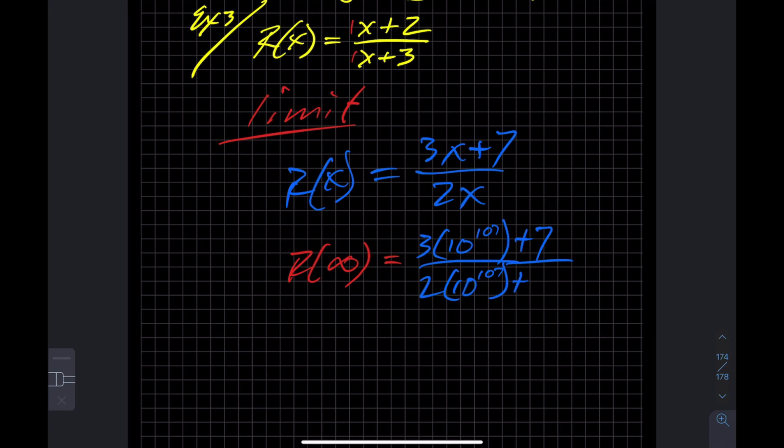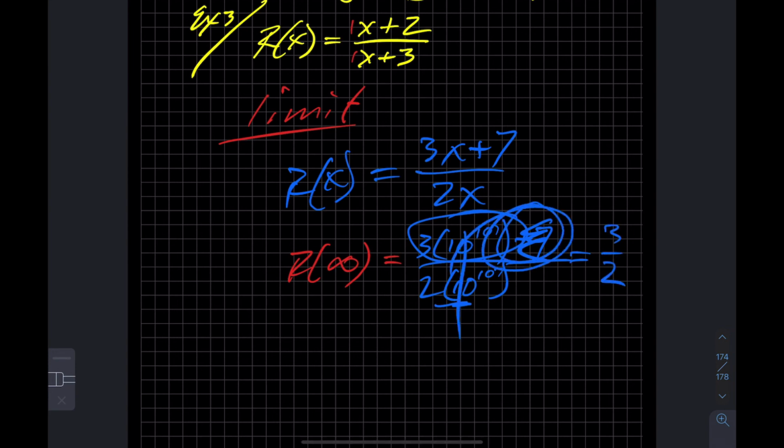Well, this 7 becomes inconsequential, but this one is still 3 times 10 to the 107. This is 2 times 10 to the 107. So when I cancel all this stuff out, I get 3 halves. The 7 gets artificially canceled out, if you wish, because it's inconsequential to the size of the number. The numbers are so huge that the 7 doesn't matter anymore.